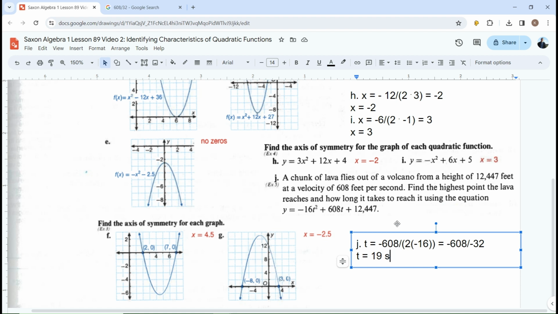Then the question is, what is that highest point? Well, if I know t, I can figure out the height y by plugging in t. I'm going to plug this into a calculator.